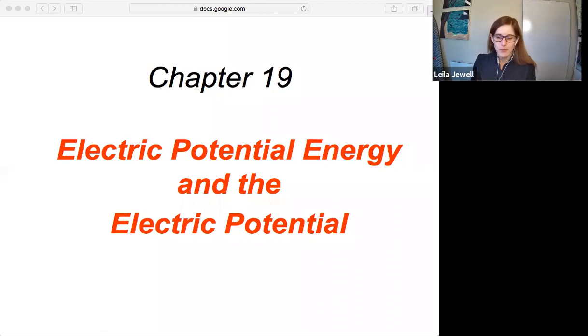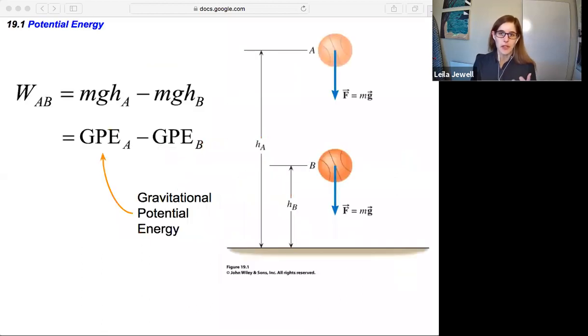So we'll start out by talking in the first section about potential energy. We're actually going to go back to chapter 2a for a moment and imagine you have a ball. That ball feels a force pulling it down towards the earth, right? Gravity pulls it down. And so you can calculate the potential energy the ball has at some height.